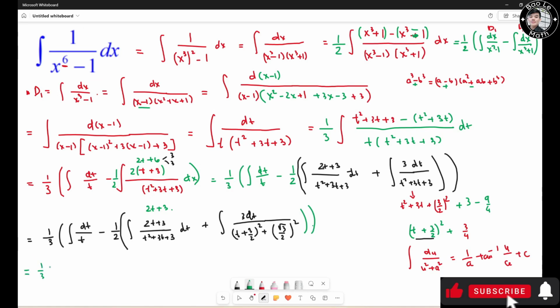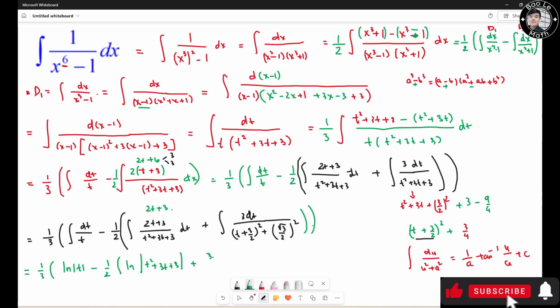Alright, so this turns out to be 1/3 of natural log of absolute value of t, right? Minus 1.5 of natural log of absolute value of t squared plus 3t plus 3, right? Plus 3, use this formula 1 over a, which means 1 over root 3 over 2, which means 2 over root 3.